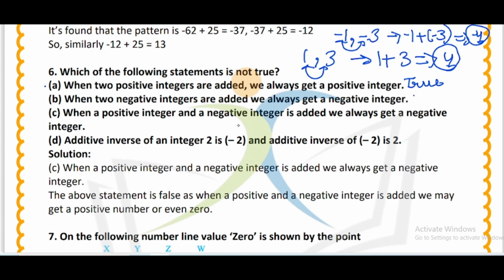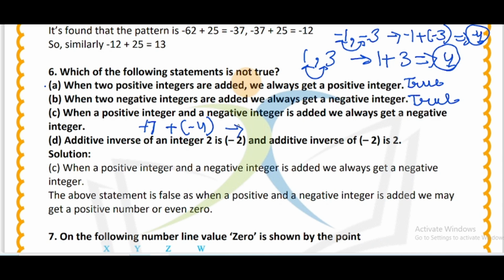It means it is also true. Then the next part is when a positive integer, let's assume +7, and a negative integer, -4, are added, then we always get a negative integer.